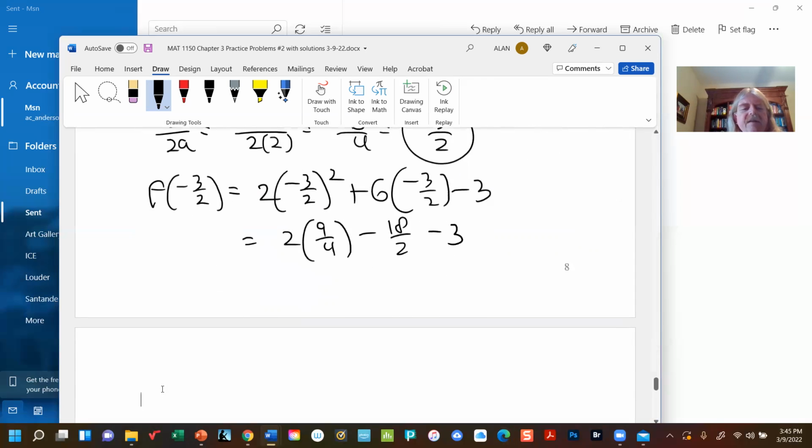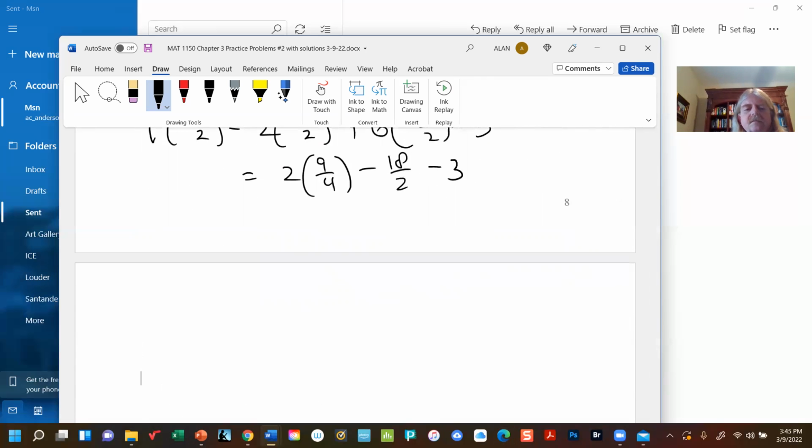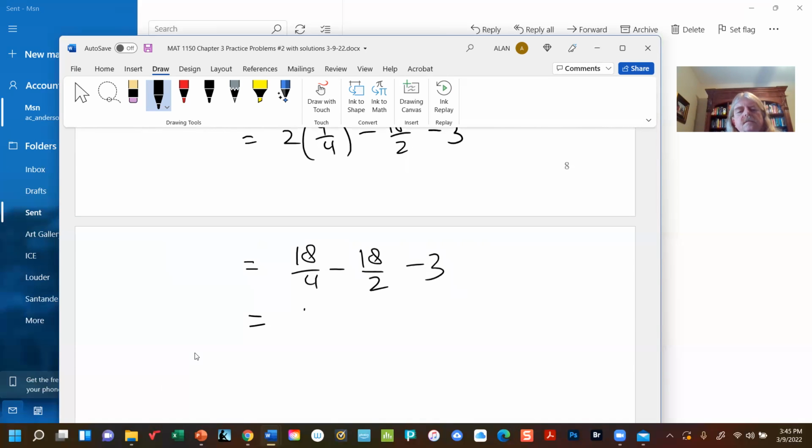So obviously we're going to have a common denominator of 4. So let's do that. Oh, wait. Yeah, that's right. All right, so that's going to give us 18 minus 36 minus 12 is minus 30 over 4.